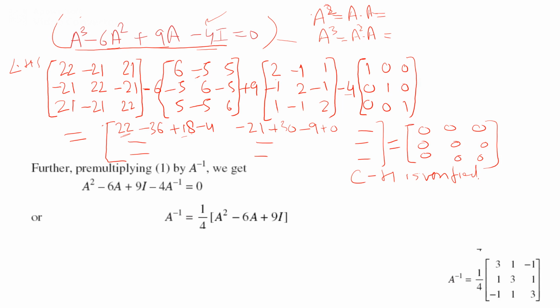Now we have to find A inverse. For that, if the theorem is verified, then we can find A inverse. If the theorem is not verified, we cannot find A inverse.